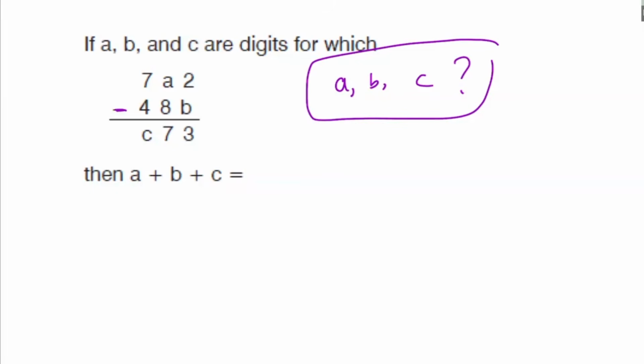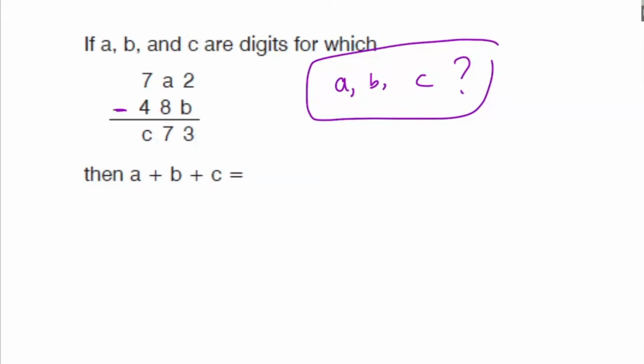What would be the possible value of B first? What do we do when we do subtraction? B is bigger than 2, right? What do you think B would be?